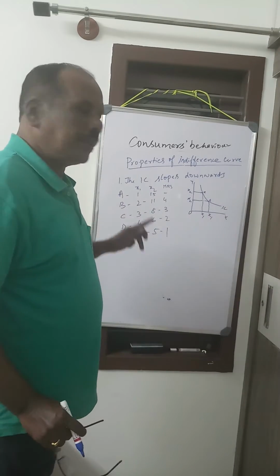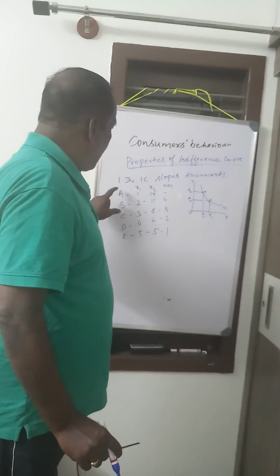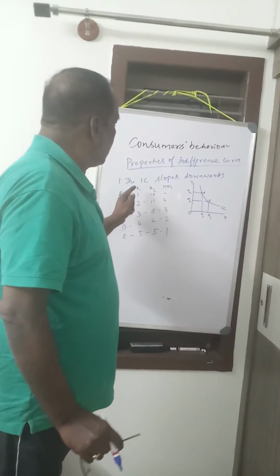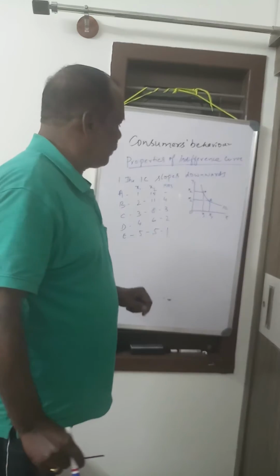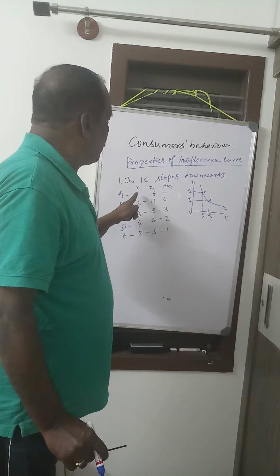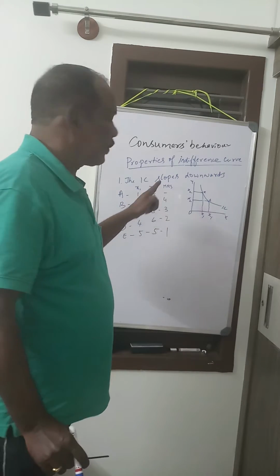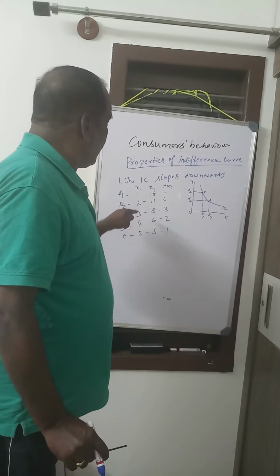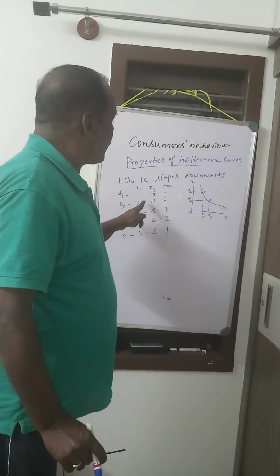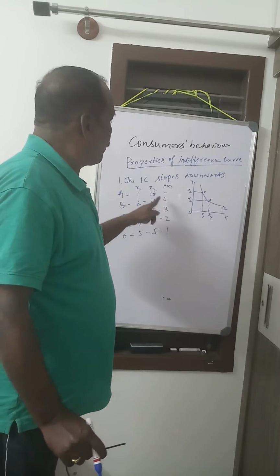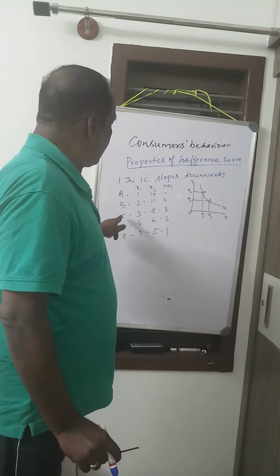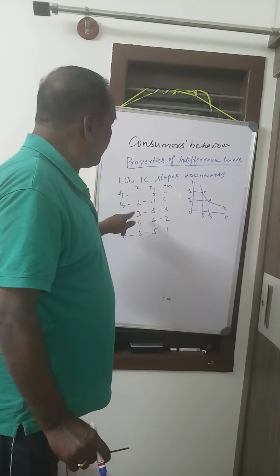What does this table indicate? There are 5 combinations of two goods, that is X1 and X2. In this combination, the consumer uses 1 of X1 and 15 of X2. He increases X1. When he increases X1, he has to sacrifice 4 of X2. So again, in the combination C, he increases another one.